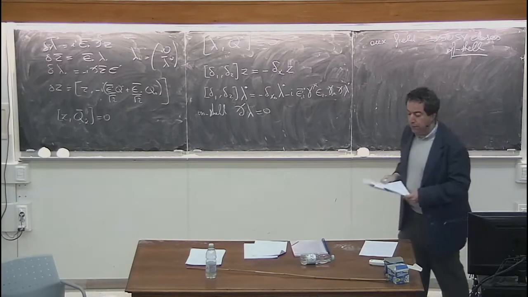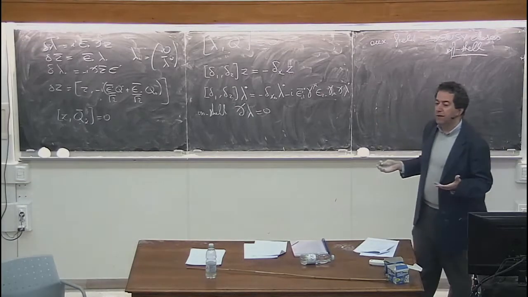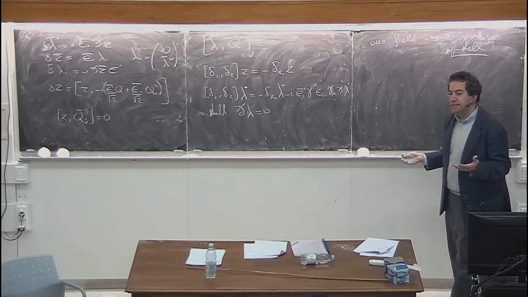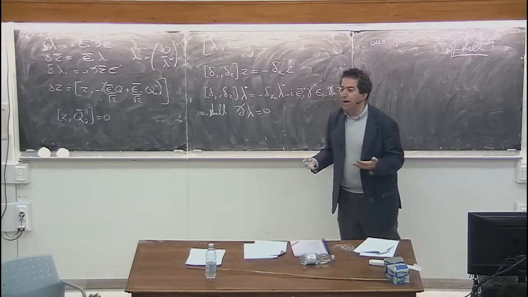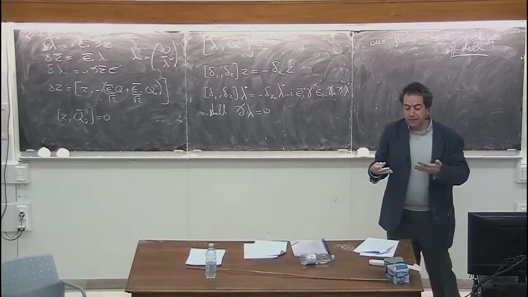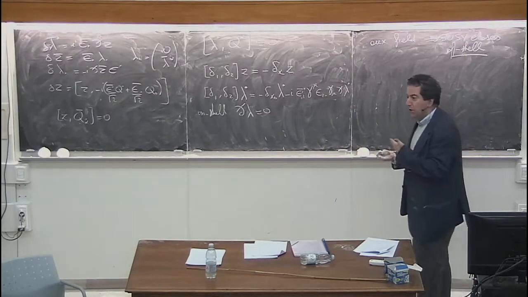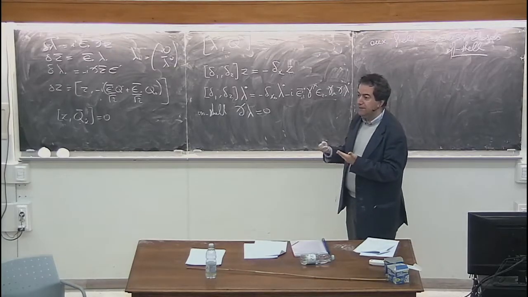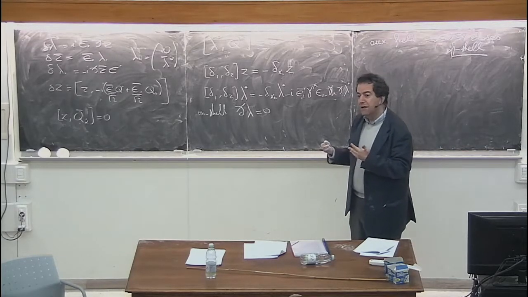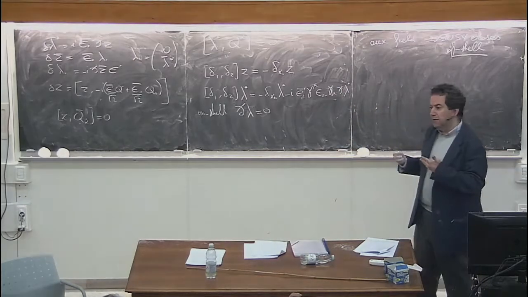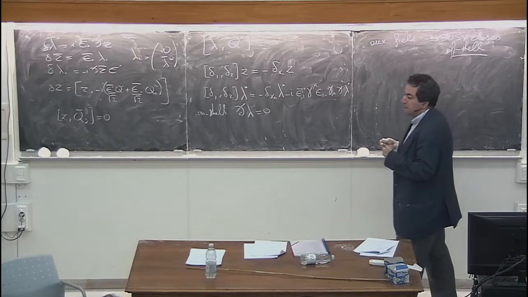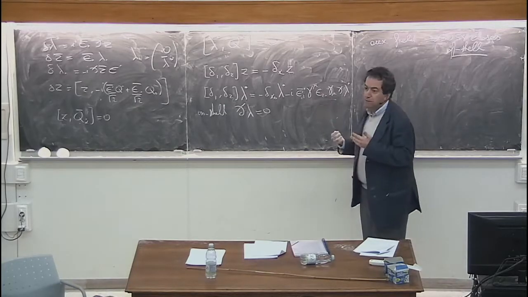Now, if we want supersymmetry to close off shell, how many auxiliary fields do we need? We need as many auxiliary fields as is required by the matching of bosonic and fermionic degrees of freedom off shell. So how many auxiliary fields are needed in order for the off shell degrees of freedom of the various fields in our multiplet to match?